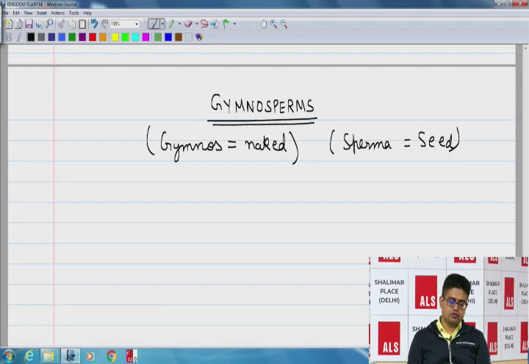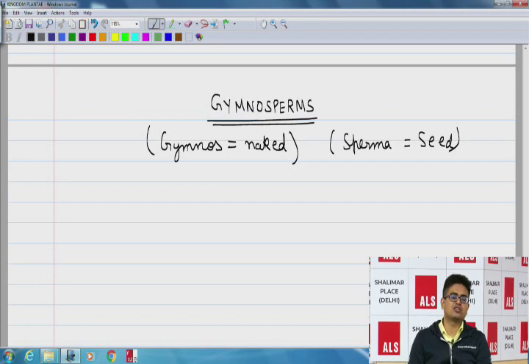This group of plants was first described by a German philosopher, I should say. Actually, he is also the father of botany, and most of the Greek philosophers have been scientists. One such scientist was Theophrastus, who is also called the father of botany.